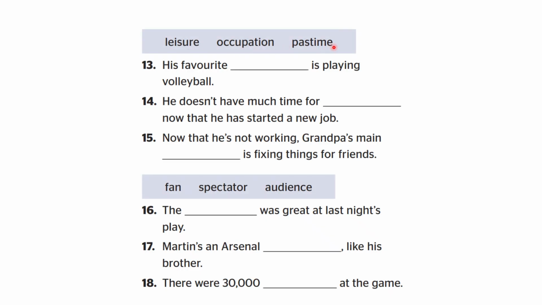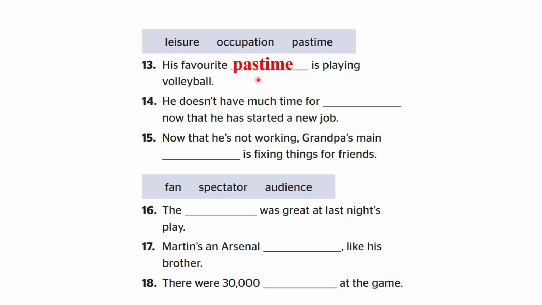Now, leisure, occupation, and pastime. We know that occupation is not about hobbies, but occupation is about what you do most of your day, especially being a student or having a job. Okay, leisure and pastime, they have almost the same meaning, but leisure is about the hobby itself. Pastime is about when you have free time, you can do something you like. So in number 13, his favorite pastime is playing volleyball.